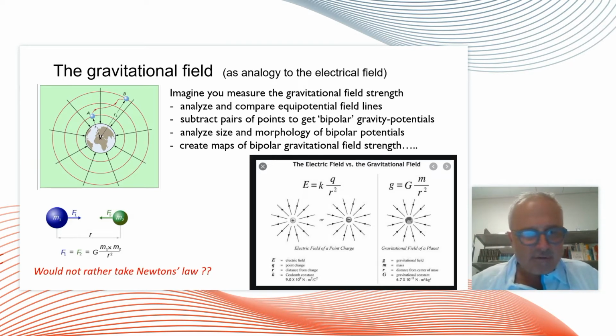We just take Newton's law, we know the mass of the Earth and the Moon, and then we can calculate the gravity field everywhere in space. And the same is true for the electrical field. We can calculate the electrical field if we know the charge. We can calculate it everywhere.